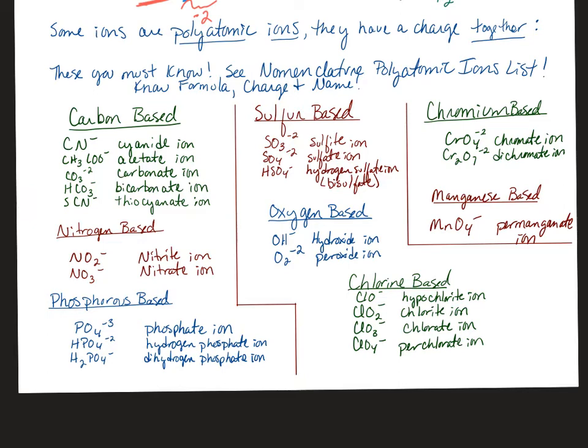Keep in mind that carbonate looks like this, but if we add a hydrogen, we can call that hydrogen carbonate or bicarbonate. And then we have things like cyanide up here, and if we put an S in front of it, it's thiocyanate. So those sound a lot alike. There's other patterns too. If we have SO4 minus 2, that would be sulfate.